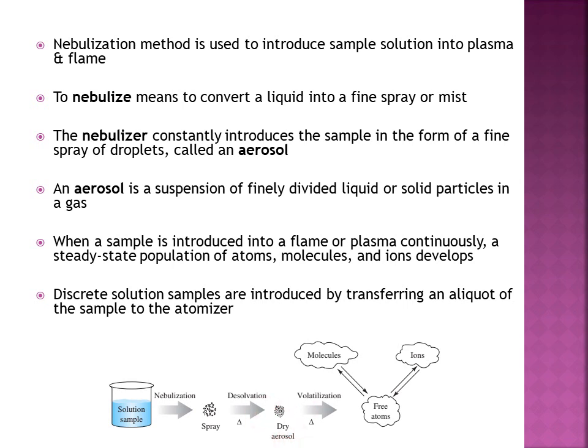The next step, by gaining further heat from the atomizer, is the volatilization phenomenon. Means our sample components are converted into free atoms. There might be further phenomena.